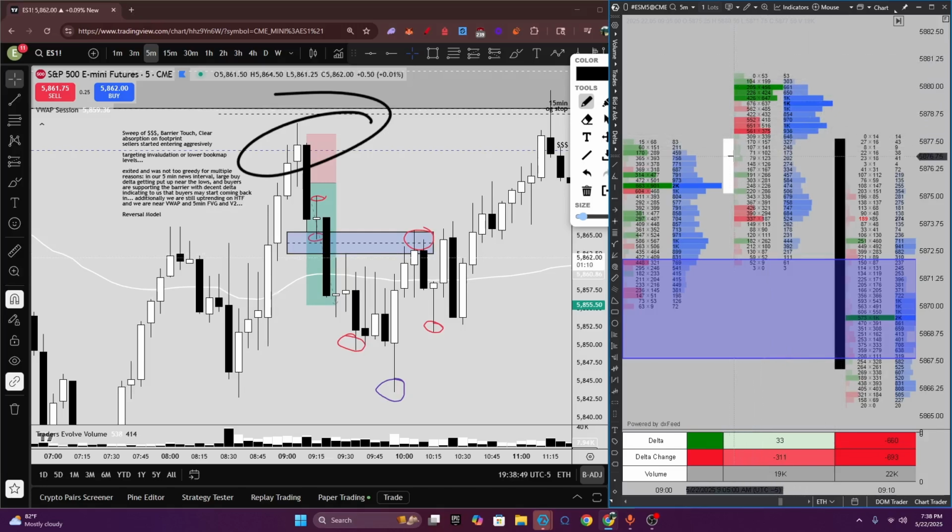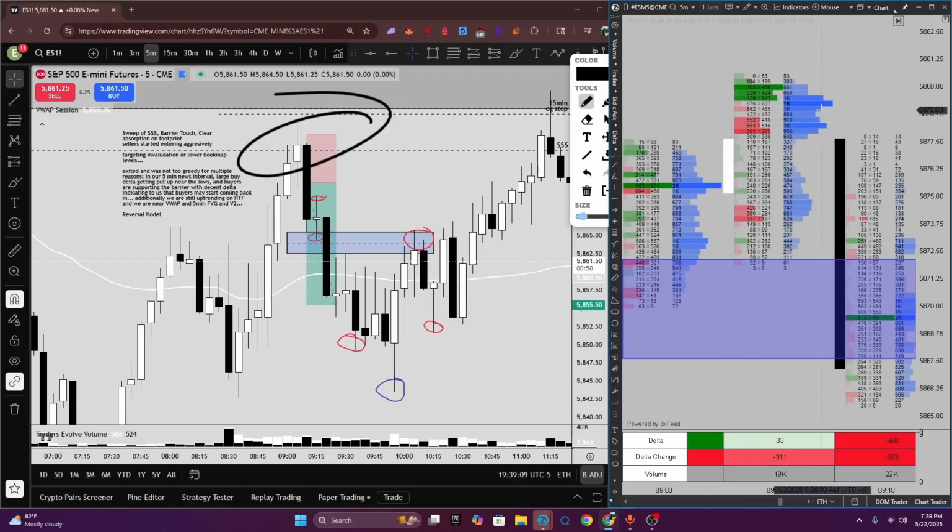Additionally, what do we see in terms of delta at these highs with large amount of volume? We see that lots of buyers are getting in near these highs. Alongside that, we're also seeing lots of sellers also getting near these highs.